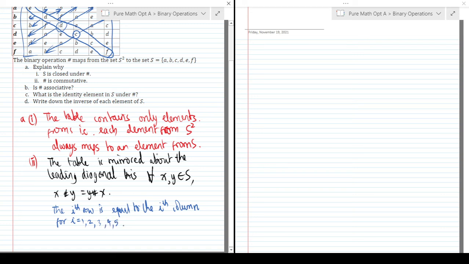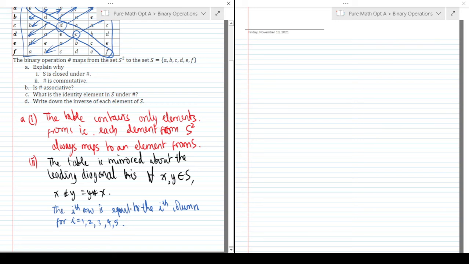Right? That's like a mathematical way of saying first row is equal to the first column, second row is equal to the second column, third row is equal to the third column, fourth row is equal to the fourth column, fifth row is equal to the fifth column. That's how you say all that stuff there mathematically.